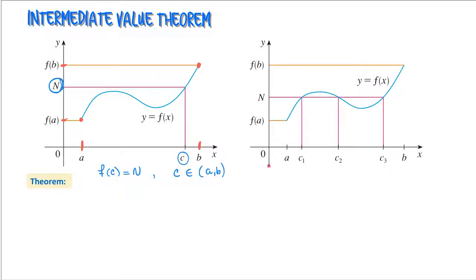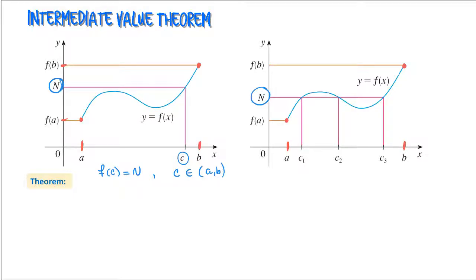Here is a case where we have more c's. Again, the function must be continuous. Look at this. Boom. Continuous in the closed interval [a, b]. So here is my interval [a, b], and I have continuity. Here is f of a, here is f of b, and here is the y value n that we are picking.